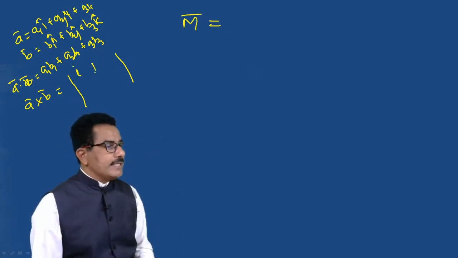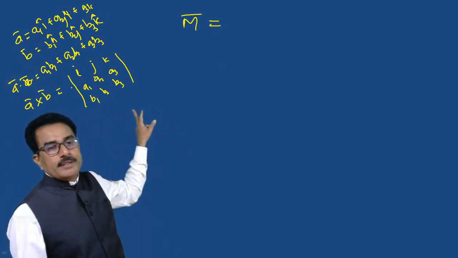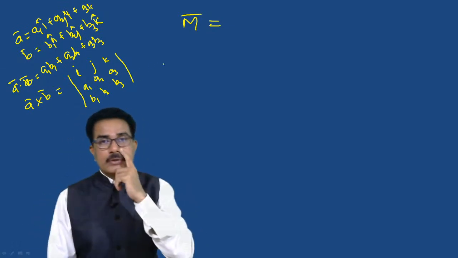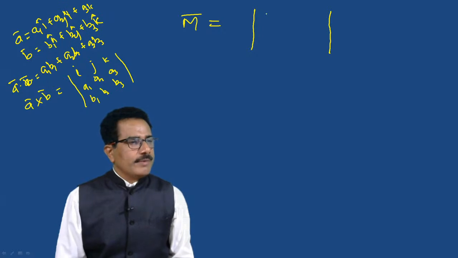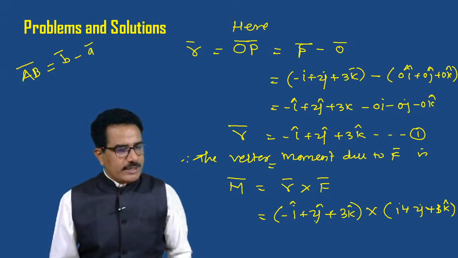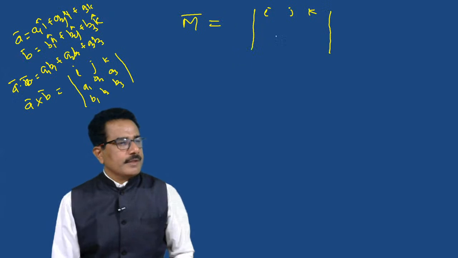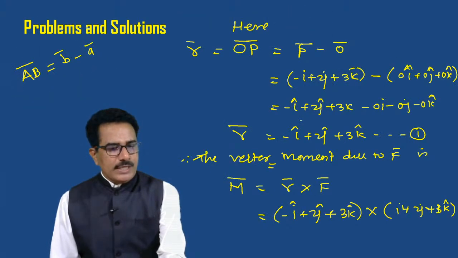The determinant, that is, i j k, a1 a2 a3, b1 b2 b3. In this way we have to solve this determinant. To calculate the cross product of two vectors, we have to solve a determinant. So in the determinant, first i j k, then the coefficients of the first vector, that is minus 1 2 3, then the coefficients of the second vector, 1 2 3.